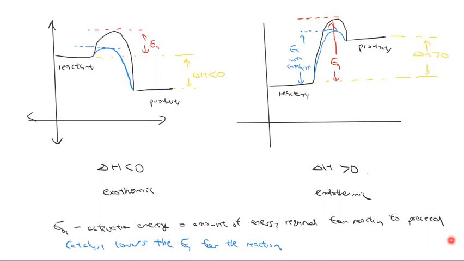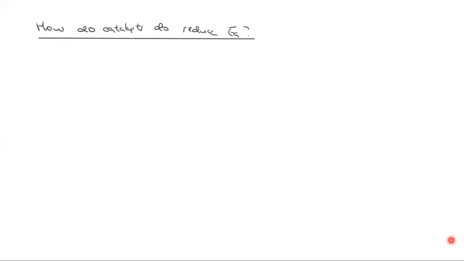Now, what we'll be considering next time is how do catalysts do that? How do they reduce EA? And that will go into your next module. That's what we're looking at going forward.